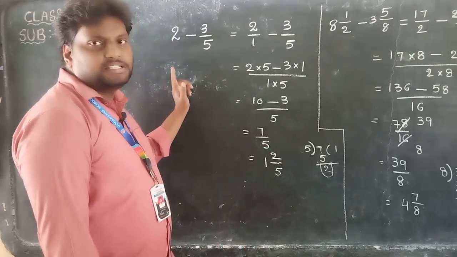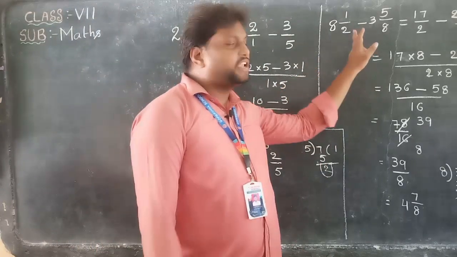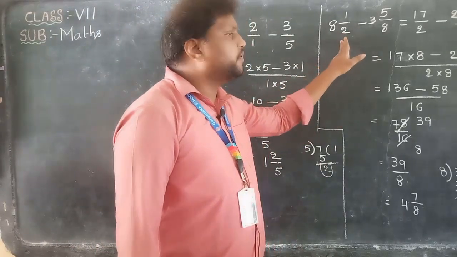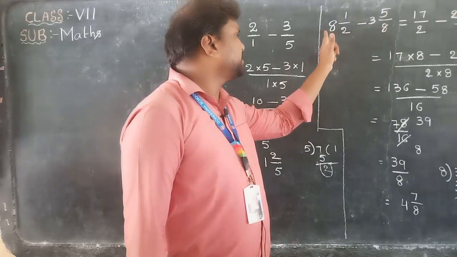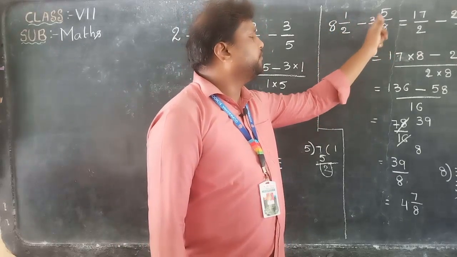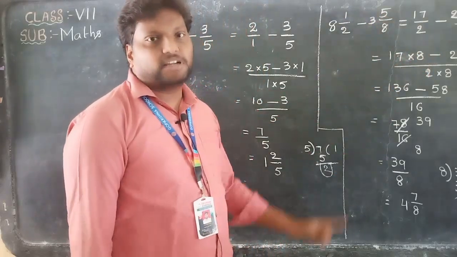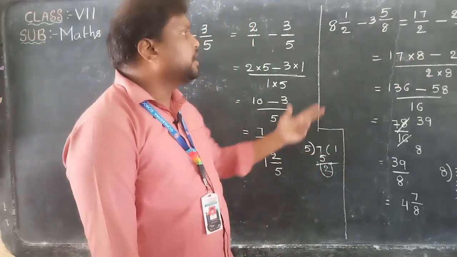This was with normal fractions and this is with mixed fractions. Once again I repeat: mixed fractions are given, so first of all convert into improper fractions. 2 eights are 16 plus 1, 17 by 2, minus 8 threes are 24, 24 plus 5 is 29 by 8. Cross multiplication we have to apply because there are two fractions.